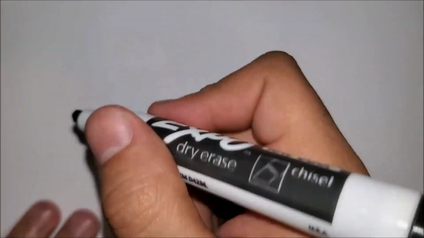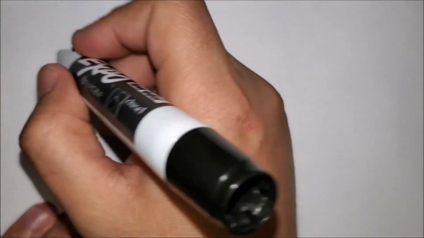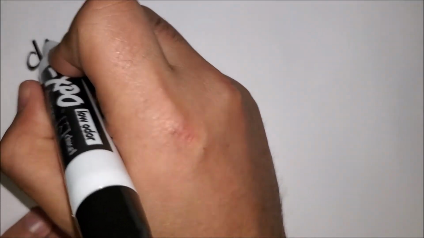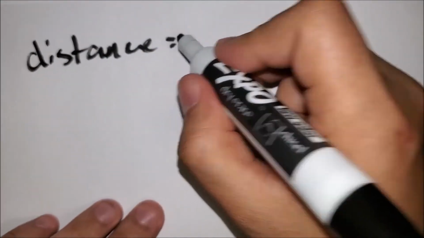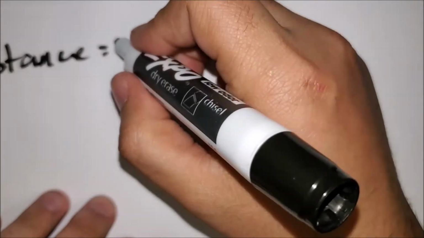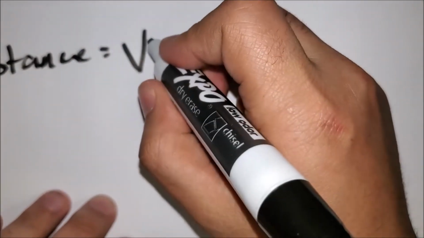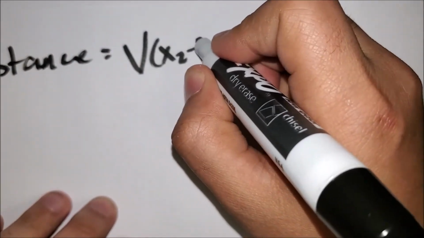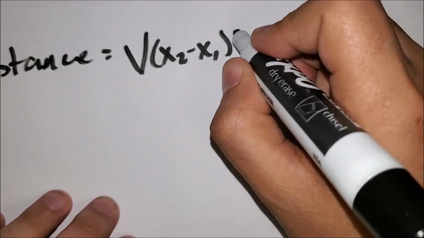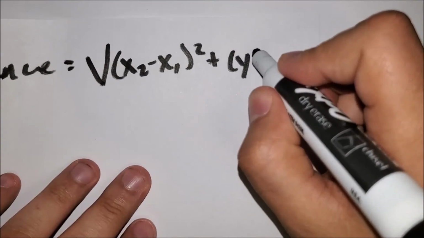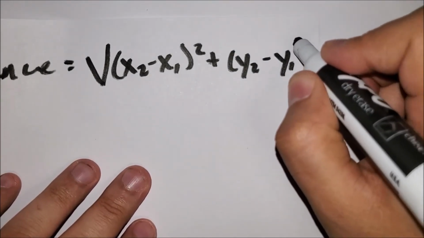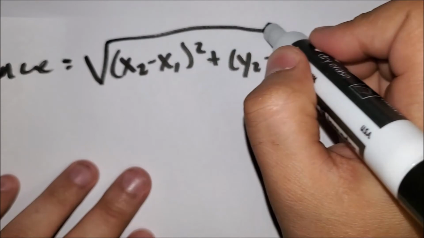So the actual distance formula is written as distance equals square root of x2 minus x1 squared plus y2 minus y1 squared.